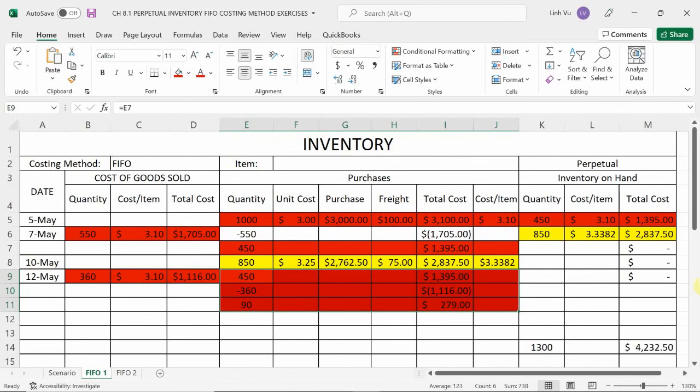That means I'm going to adjust my red batch of inventory, because now I don't have 450, I only have 90 items left at $279. So that's going to adjust your inventory on hand, or your goods available, to drop from 1,300 down to 940. Good so far?